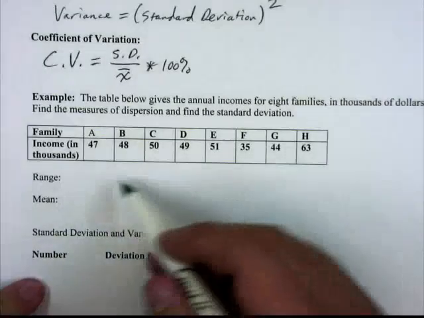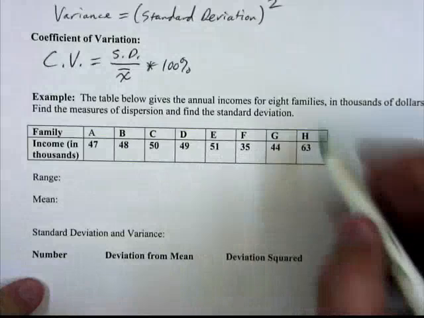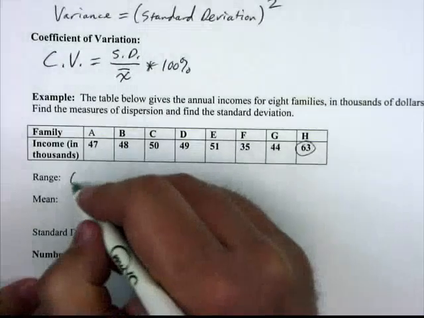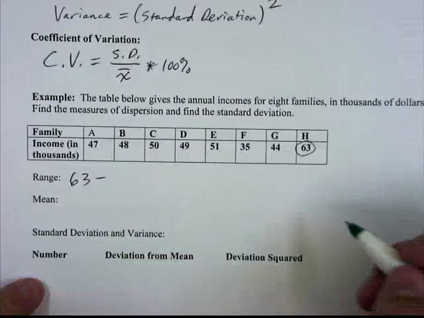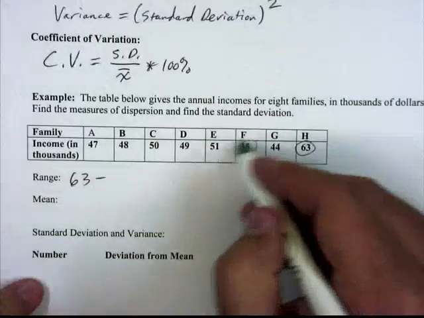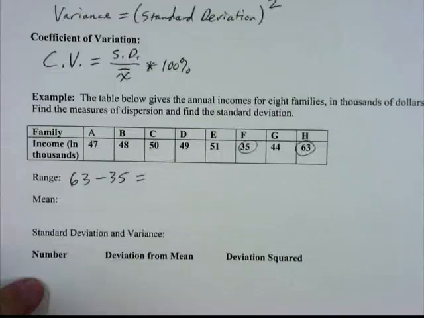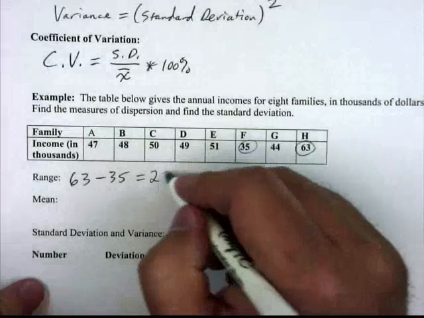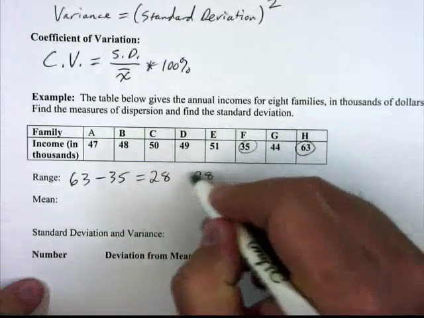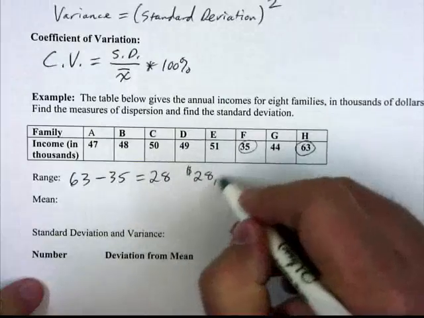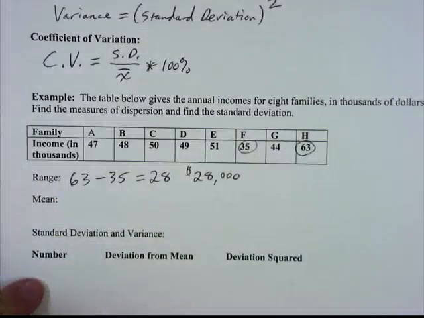We're going to take the maximum value, which is 63, minus the minimum value, which looks like 35, and our range is just going to be 28. So we have a range of $28,000 in annual incomes. Okay? Pretty quick and easy.